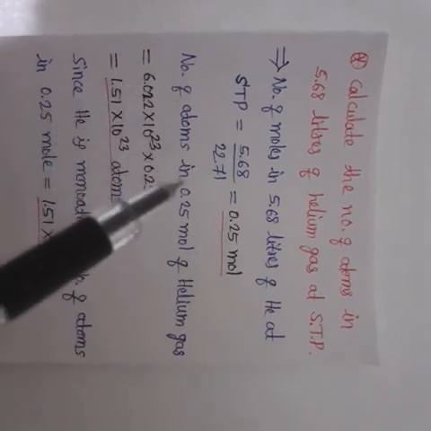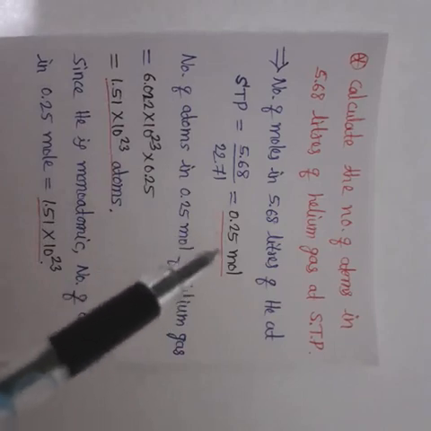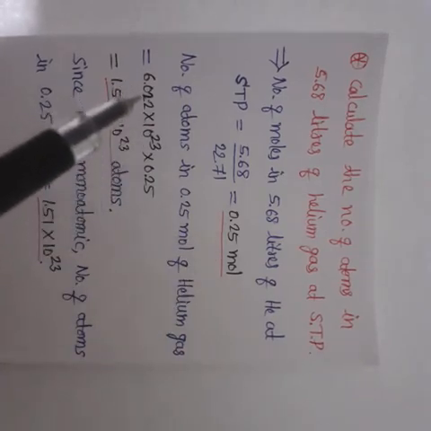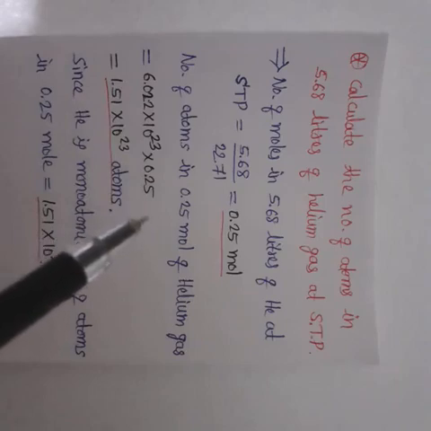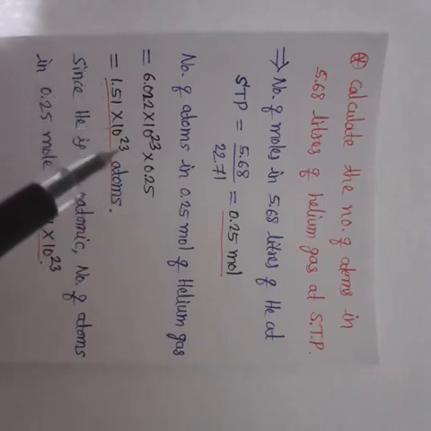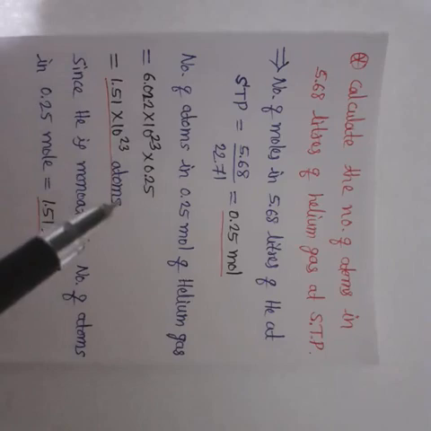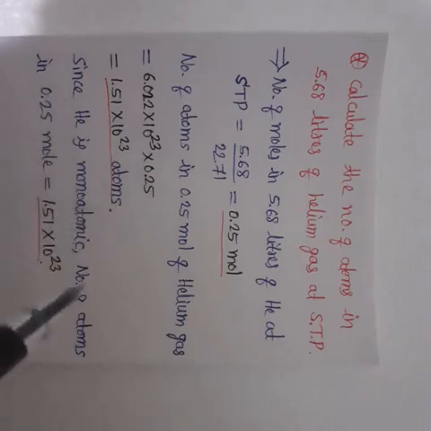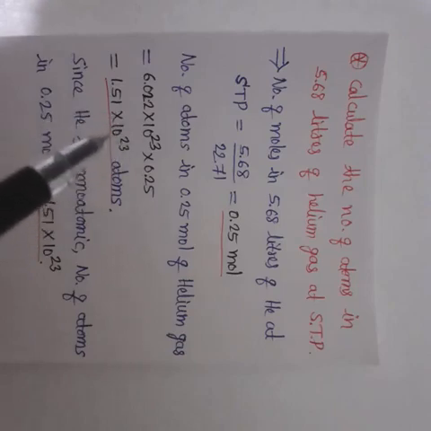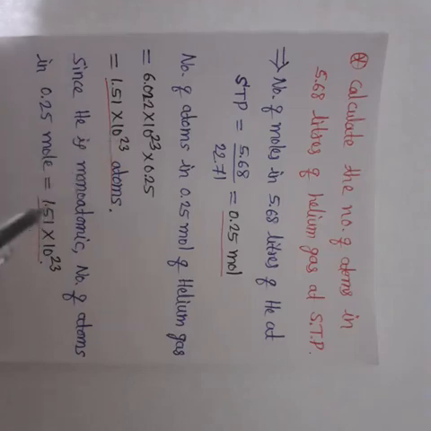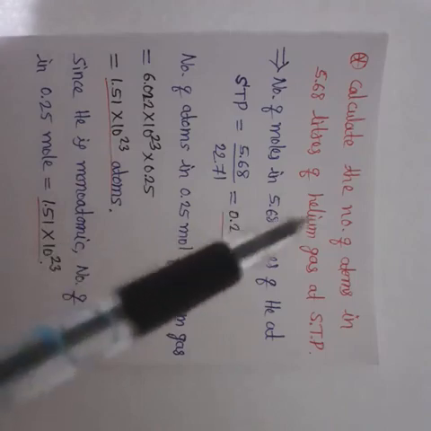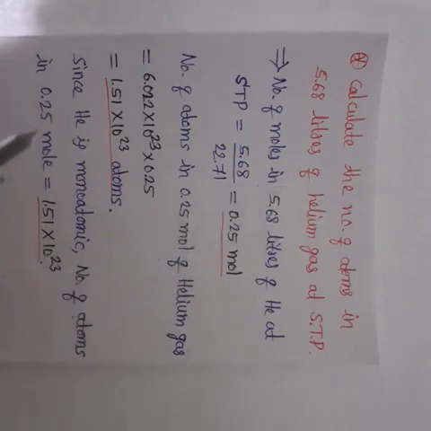The number of atoms in 0.25 mole of helium gas is equal to the Avogadro number into 0.25, which gives 1.51 into 10 to the power 23 atoms. Since helium is monoatomic, the number of atoms in 0.25 mole is equal to this much only. This is the number of atoms in 0.25 mole of helium gas.